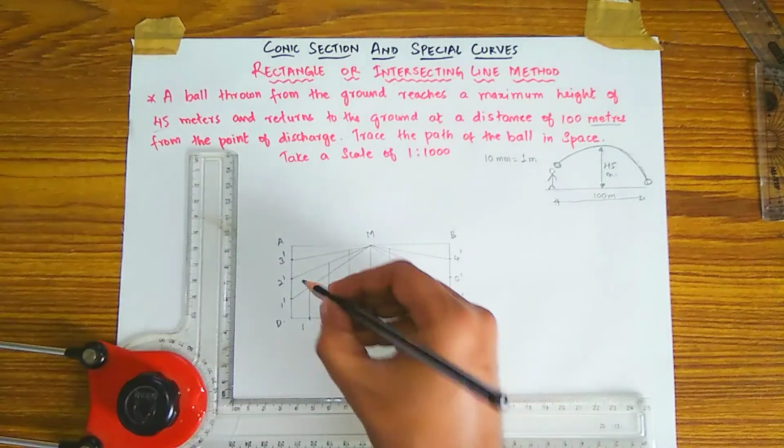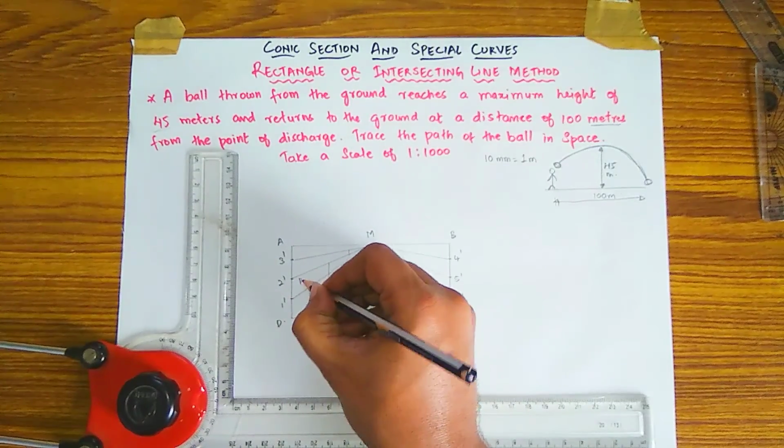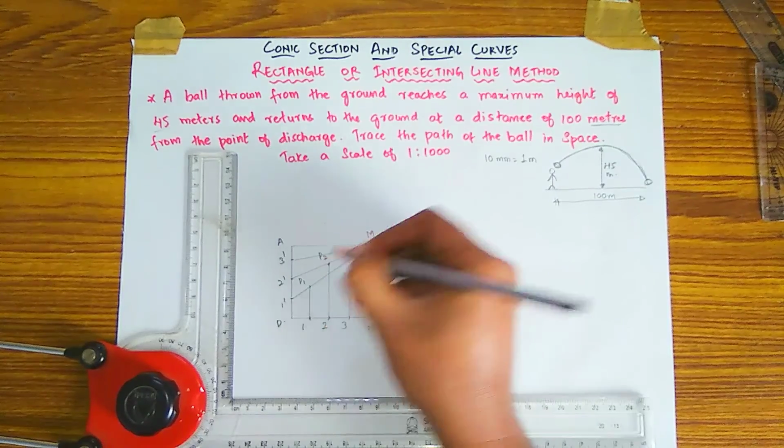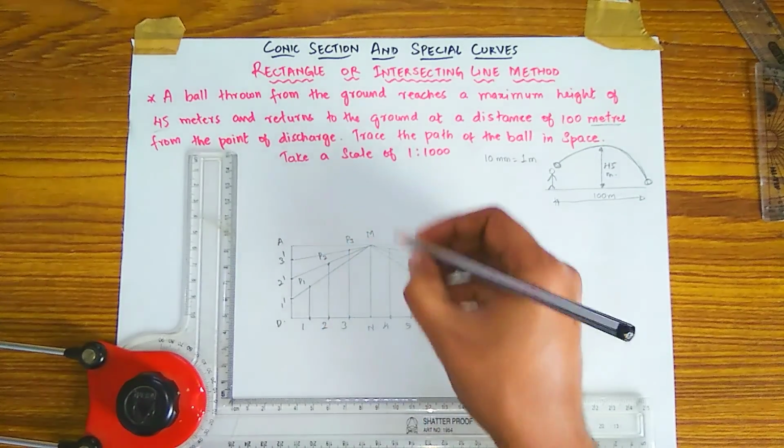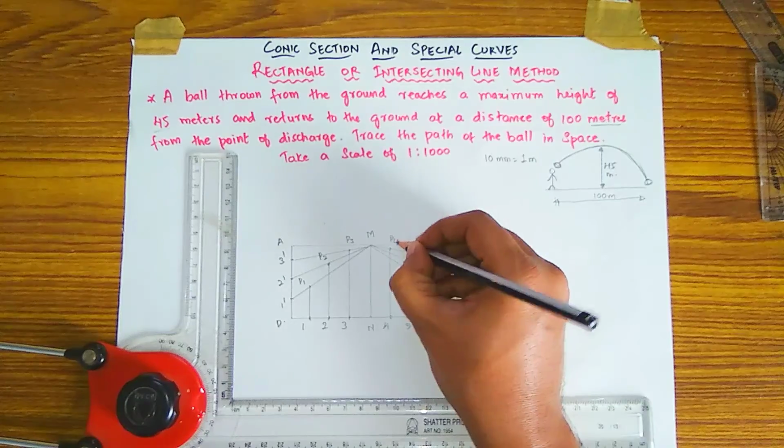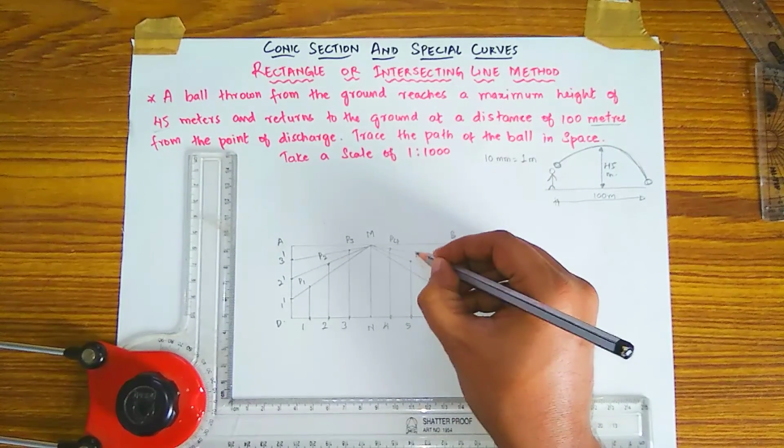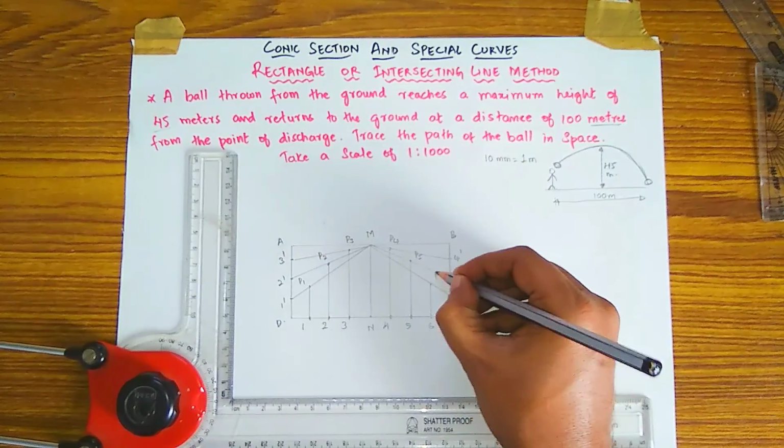After drawing these lines, the intersection points are labeled P1, P2, P3, P4, P5 and P6.